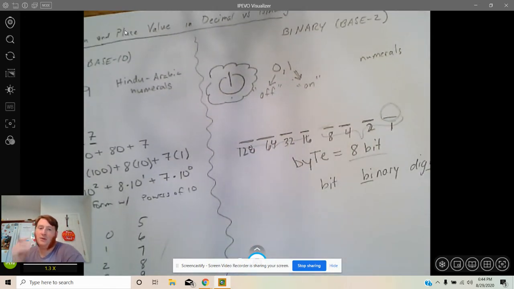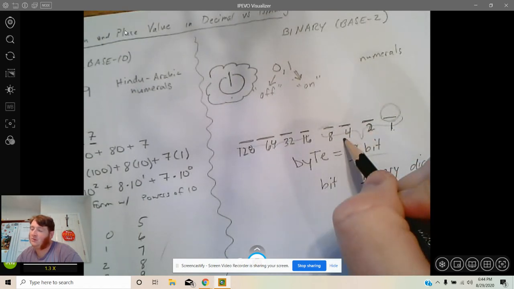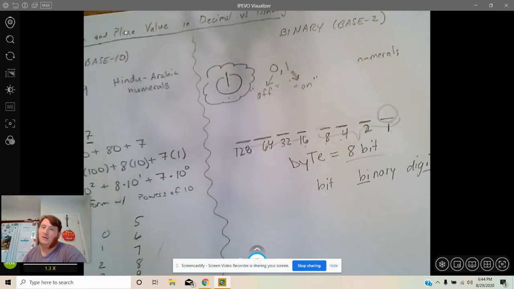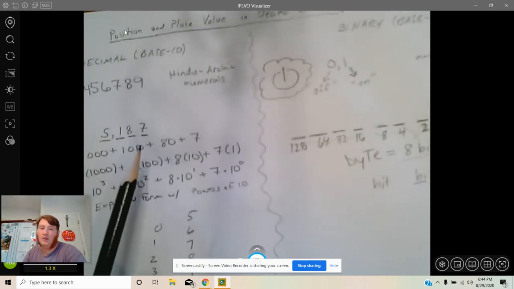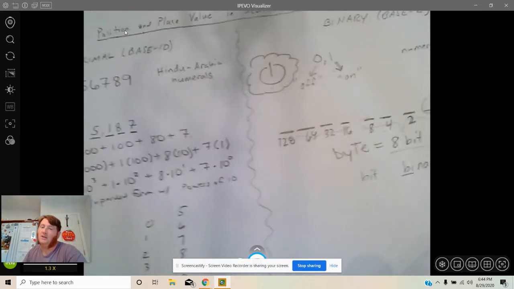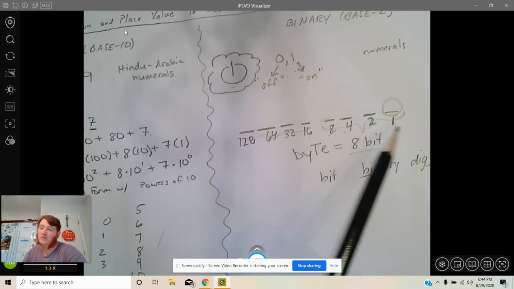And if you kept going, it would just keep doubling because it's powers of 2. For instance, 2 to the 0, 2 to the first, 2 squared, 2 to the third, 2 to the fourth, and so on. So it still is the same idea. It's just that you're really good at thinking in terms of thousands, hundreds, tens, and ones. You're not so good at thinking in terms of 8s, 4s, 2s, and 1s.